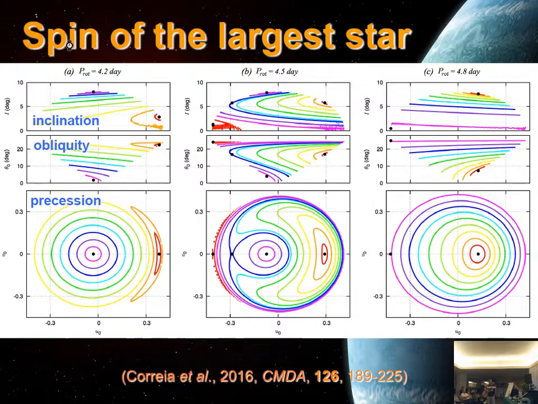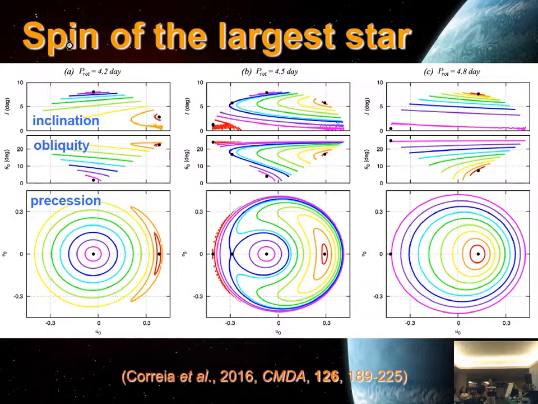In this plot, I only plot the spin of the largest star. I take the spin of the largest star, and this is its motion projected on the orbital plane of the binary. This is the obliquity, and this is the mutual inclination, and each color corresponds to the same kind of evolution.